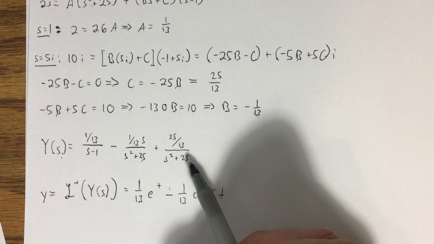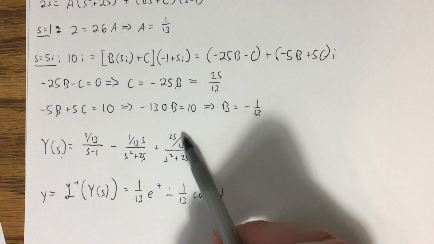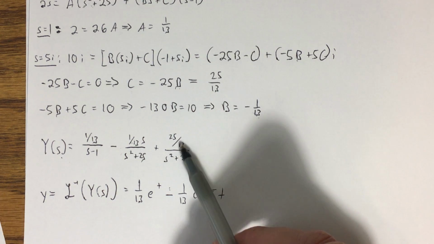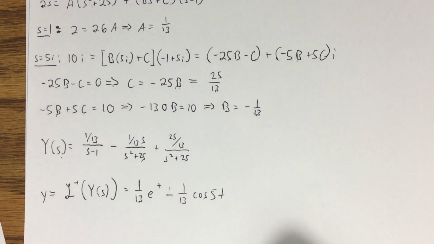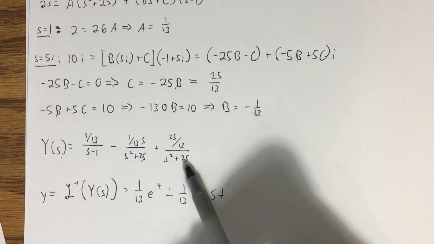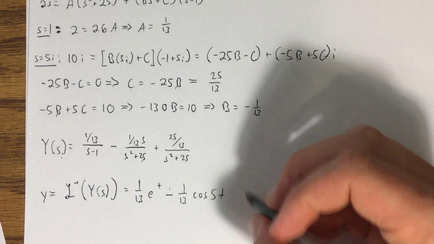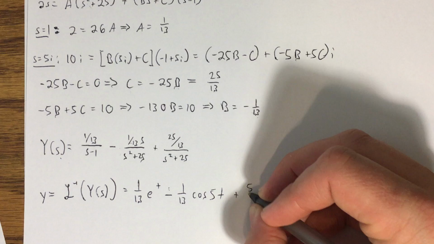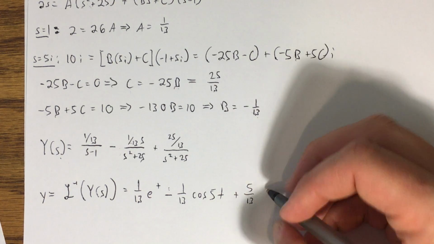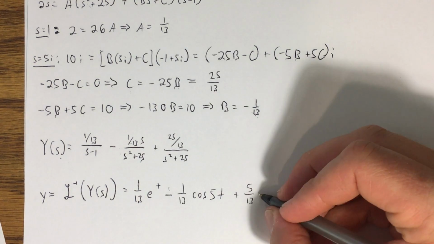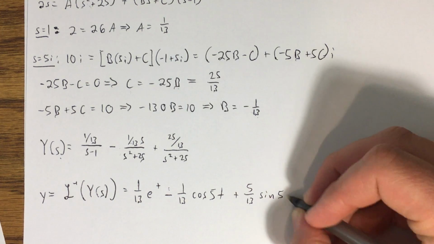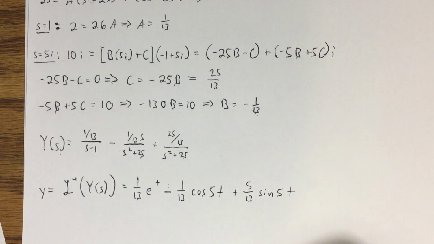And then here, I don't want to pull the entire 25/13 out, because this is the one that's going to give me the sine of kt from my table. Remember, I need a k up here where 25 is equal to k squared. So I want a 5 left over there, which means I should only pull 5/13 out. That will leave me with a 5 up here, and the inverse Laplace transform of that is sine of 5t.